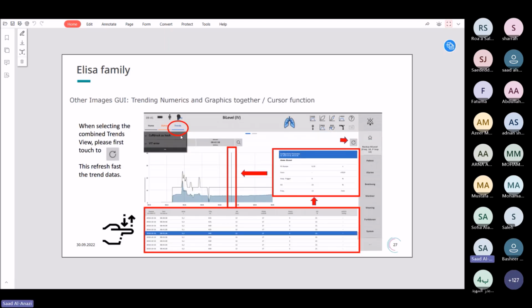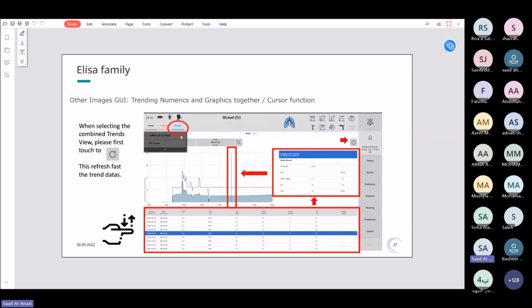Also in the ELISA 800, we have a trend. The trend continuously gives numeric and graphic data together, retrieving data up to 72 hours or 4,500 events back.